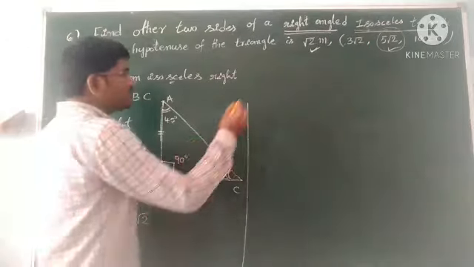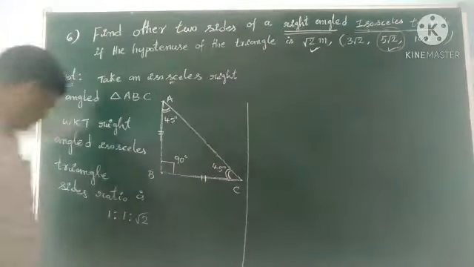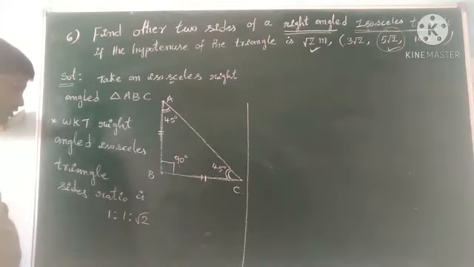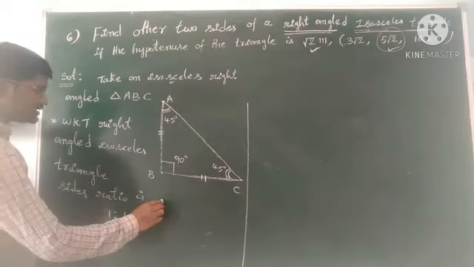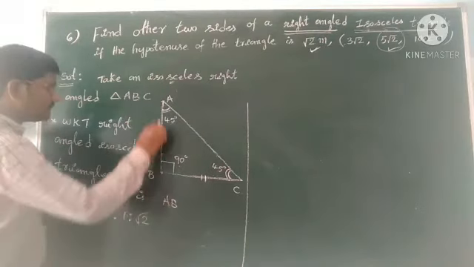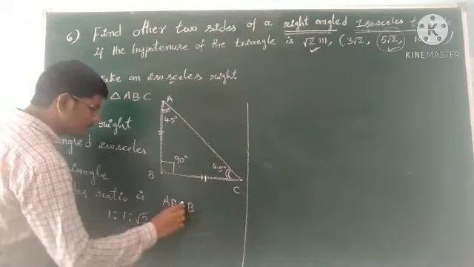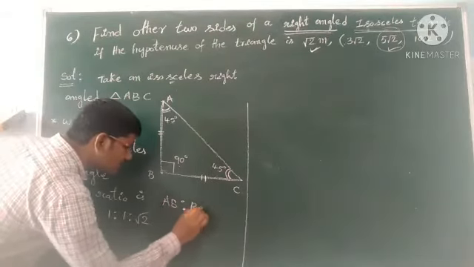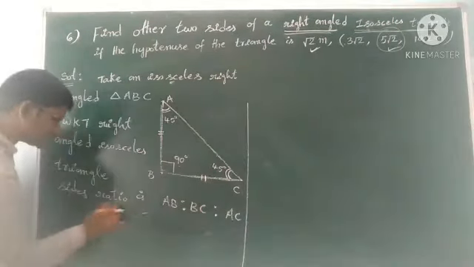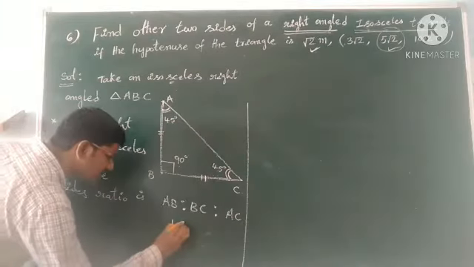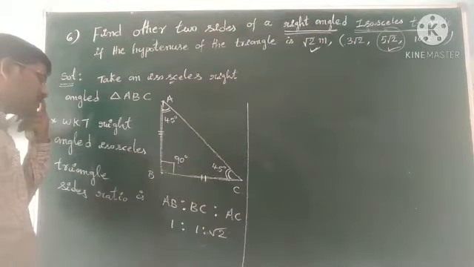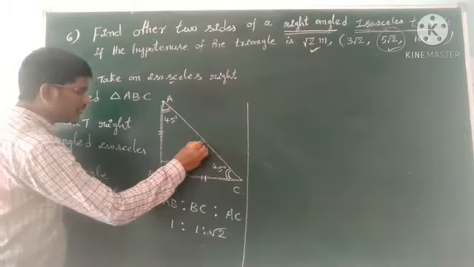So I am writing it. For the triangle, the sides ratio AB is to BC is to AC is 1:1:√2.